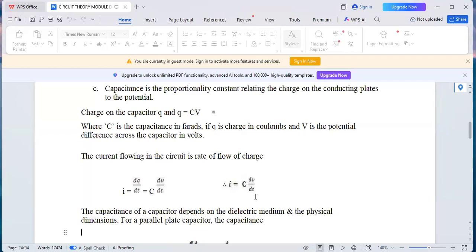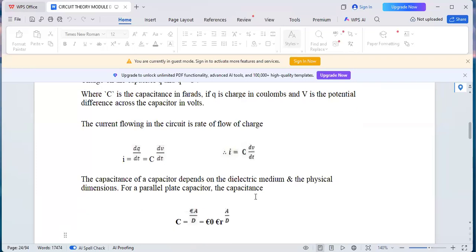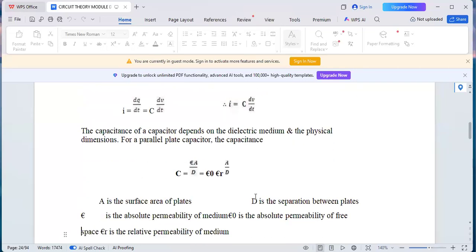So for a parallel plate capacitor, the capacitance will be equal to epsilon A over d, where epsilon is the absolute permittivity of the medium.